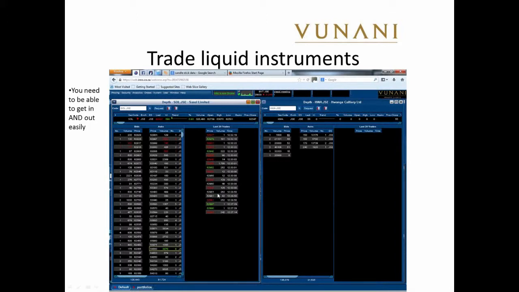But at a specific time during the day, let's call it 12:30 in the afternoon, here is an order book of two very different stocks. We have a very liquid Sasol and a very obscure Huangi Collieries Limited at exactly the same time of the day.